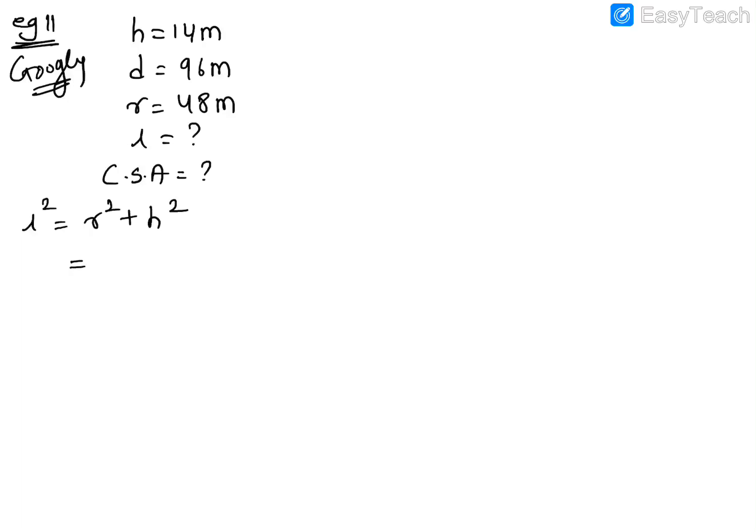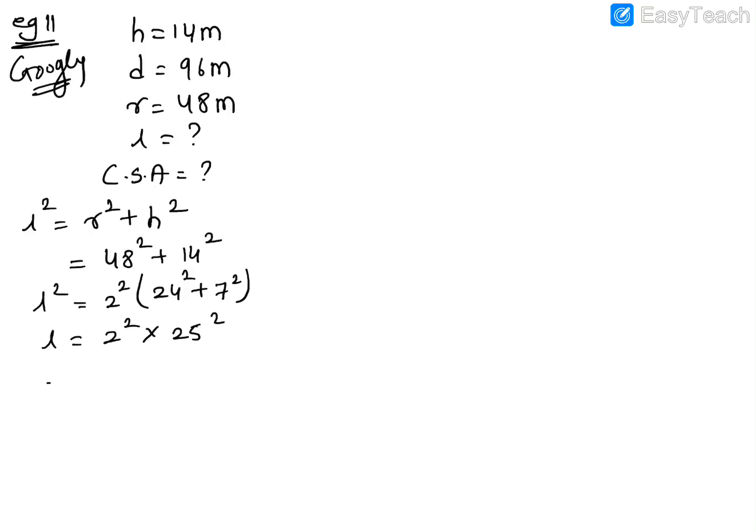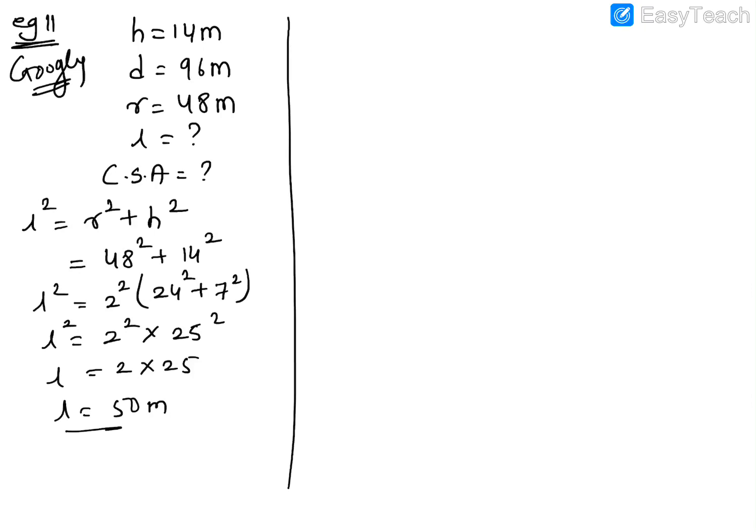So R is 48 squared plus 14 squared. 2 squared common, 2 24s are 48, 2 7s are 14. So L is equal to 2 squared into 25 squared. So L is equal to 2 into 25, L is equal to 50. Okay, so that's the slant height.